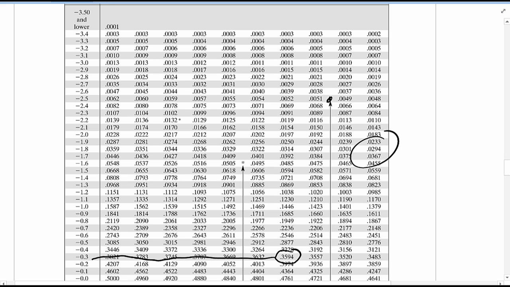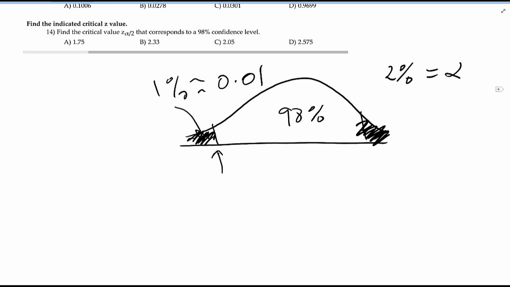Okay, this is the closest. That will give me 2.33. So negative 2.33, and the positive is going to be 2.33, right? So that will be the answer.